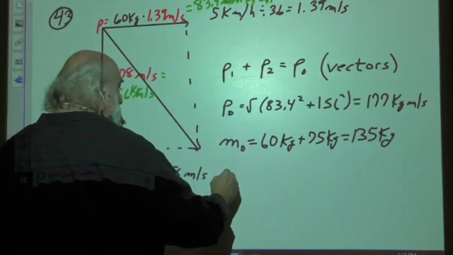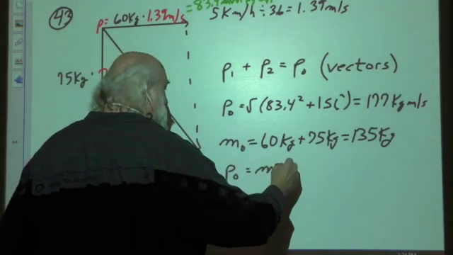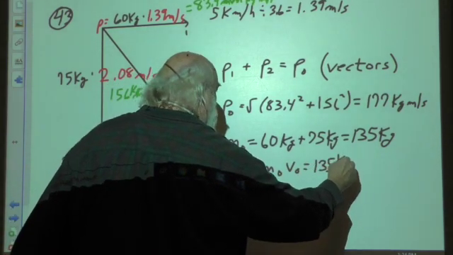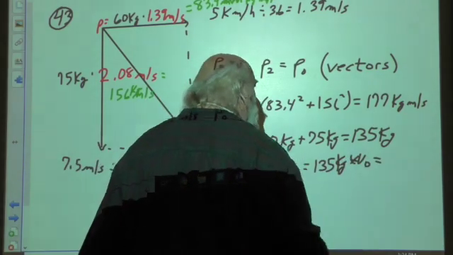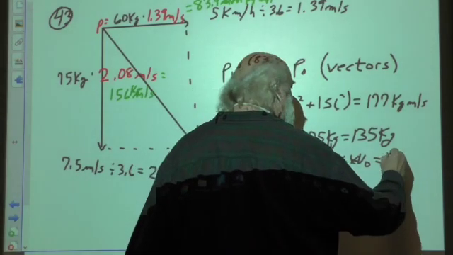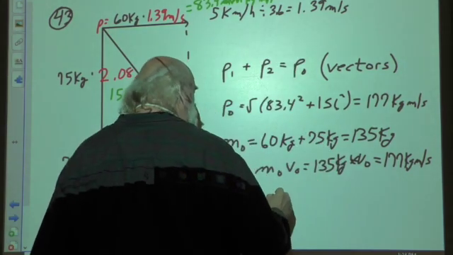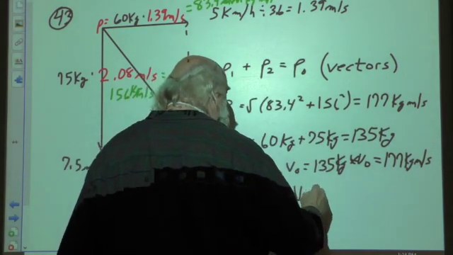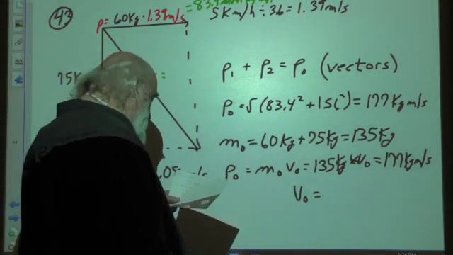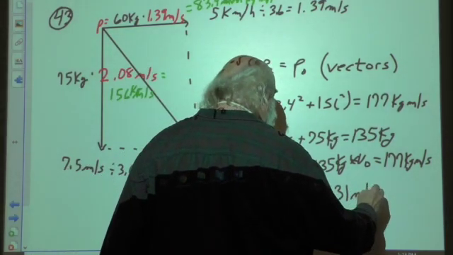The overall momentum, which is overall mass times overall velocity, is 135 kilograms times overall velocity equals the overall momentum, which is 177 kilogram meters per second, divided by 135, and our overall velocity of the two of them intertwined, I got 1.31 meters per second.